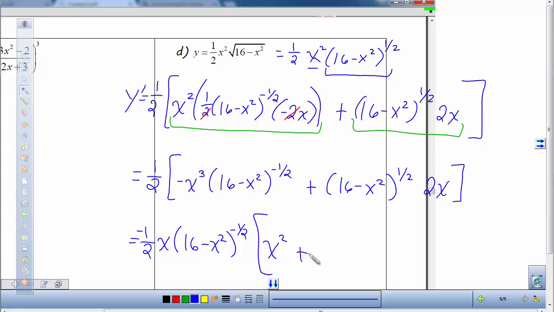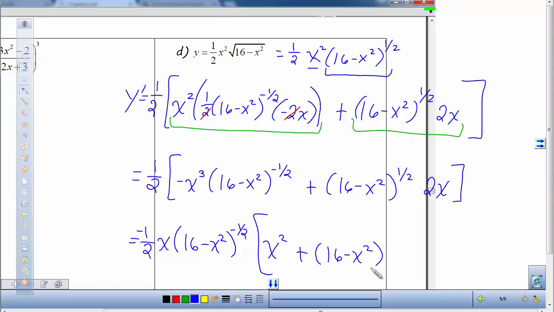So if I divide 16 minus x squared to the 1/2 by 16 minus x squared to the negative 1/2, what's my exponent going to be? 1. Yes, 1. We subtract. That's the rule. So we get 16 minus x squared to the first power.